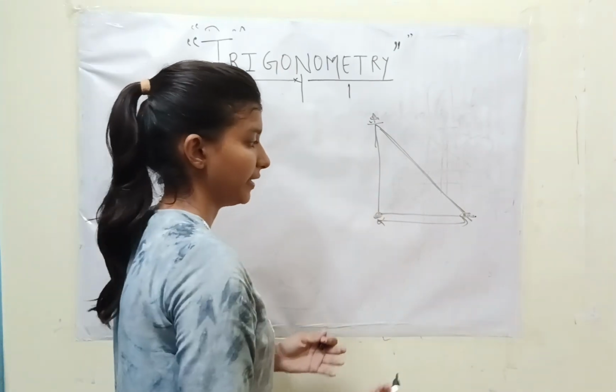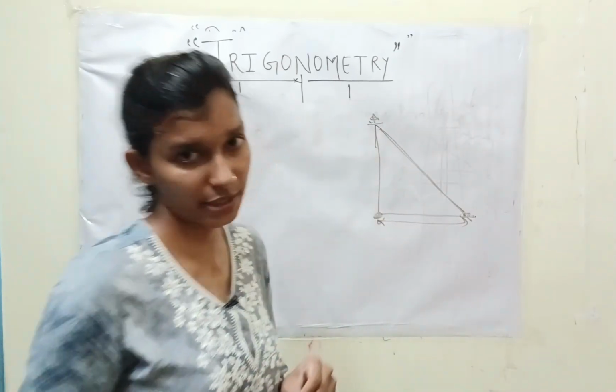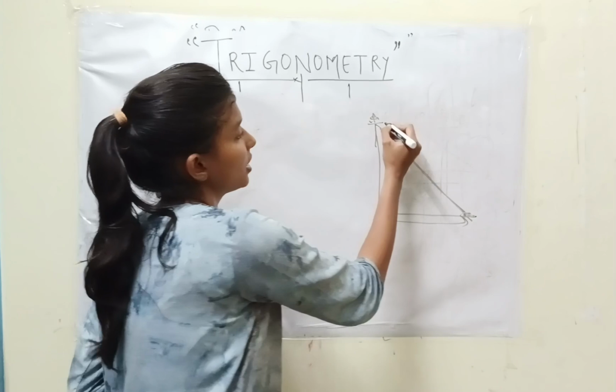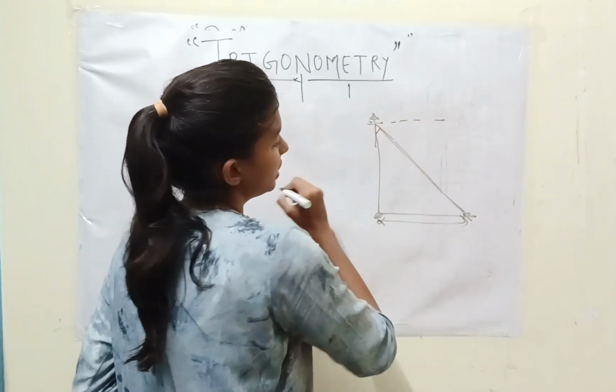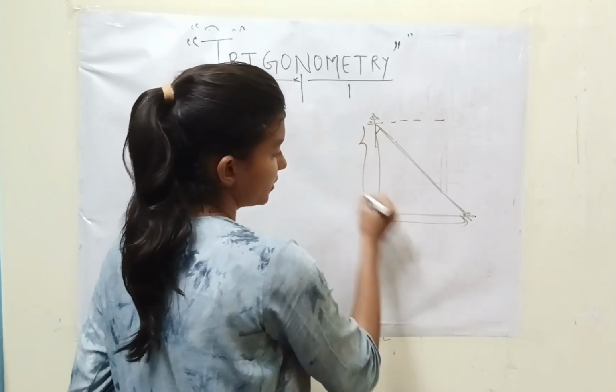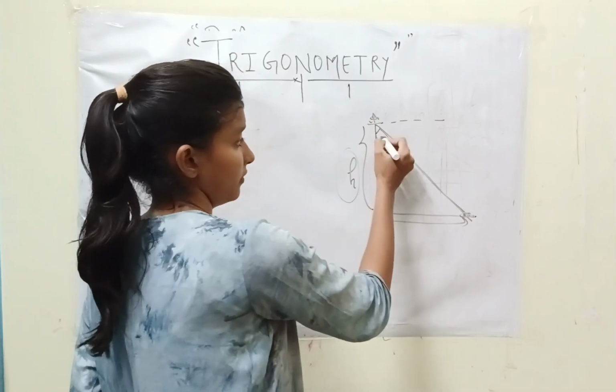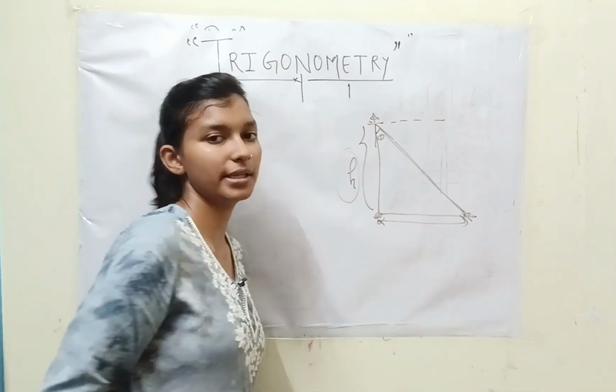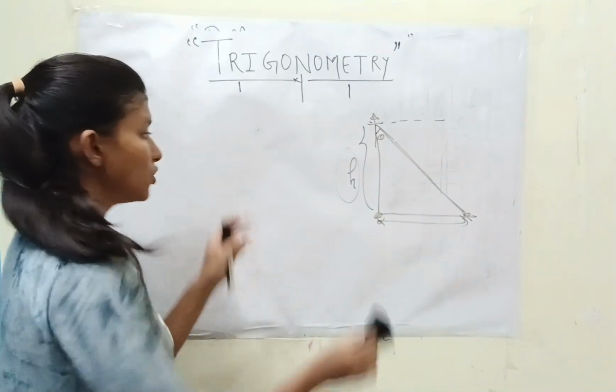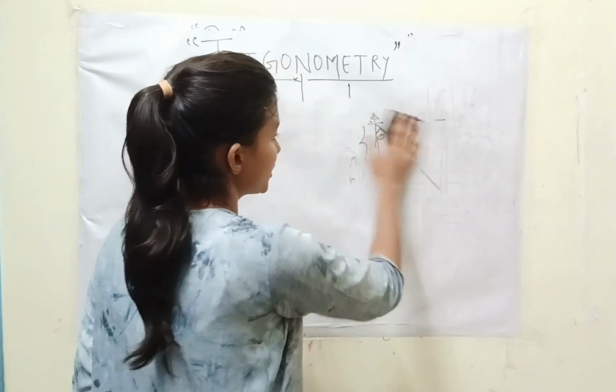This can also be found by trigonometry. If we have this angle and the height of this building, then we have one side and one angle. Now we can study this whole triangle by trigonometry. So this is the insightful use of trigonometry.